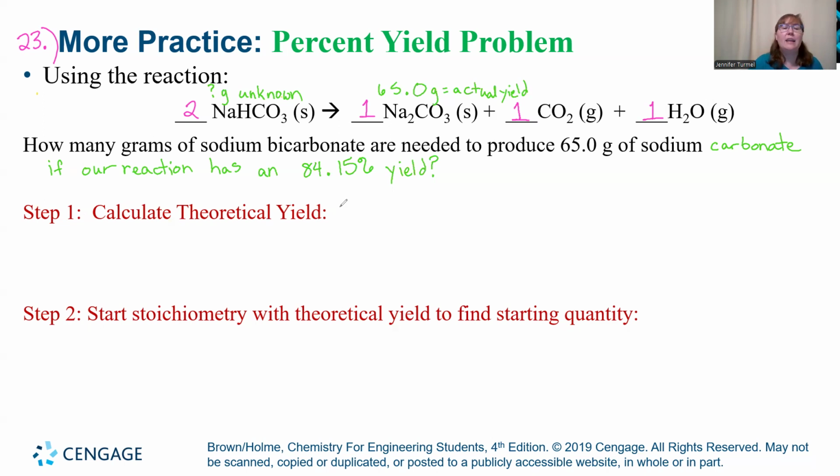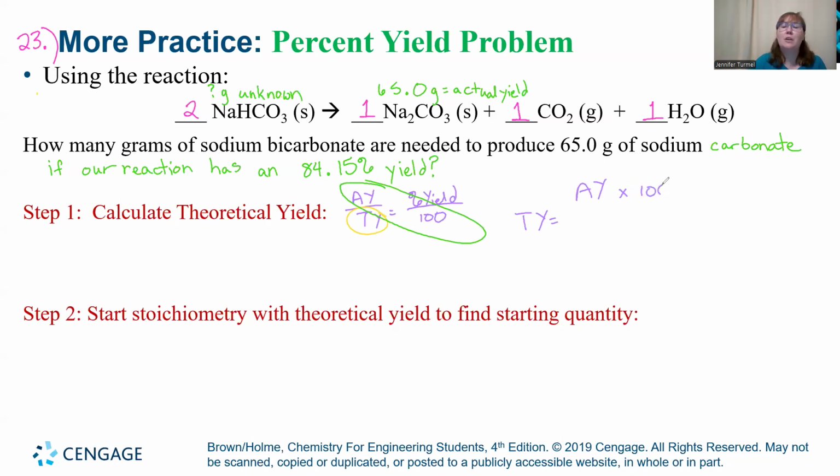Notice here that it says to calculate our theoretical yield. And remember that we have AY over TY is equal to percent yield over 100. If I'm going to plug that in, then I get 65. Now, hang on. Let me show you how to do that cross multiplication again. We cross multiply to solve for TY by drawing this line like that. And that then will give us theoretical yield equal to actual yield times 100 divided by percent yield. Sorry, I keep saying and writing the wrong thing.